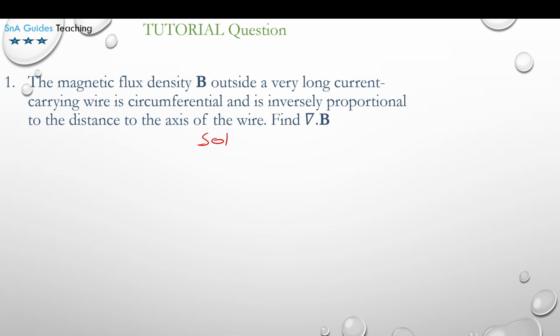The question is asking us to find the divergence of B. Outside a very long current carrying wire, it's a wire. So what should come into your head? Obviously a cylinder, right? It's cylindrical. So right from the get-go, you identify that we are going to be considering the cylindrical coordinate system.